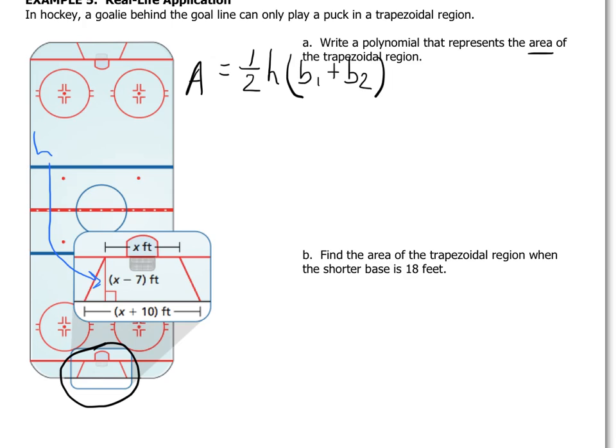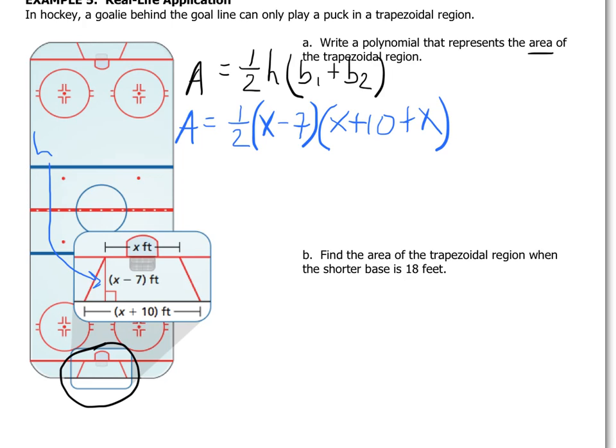So what we're going to do is fill in the pieces here. So we have the area is 1/2. The height, as I just said, was x minus 7. Then in parentheses, my base 1, we'll call the base 1 x plus 10, just as that lower base. And then the upper base, which is the other parallel line going across the top, is simply x.